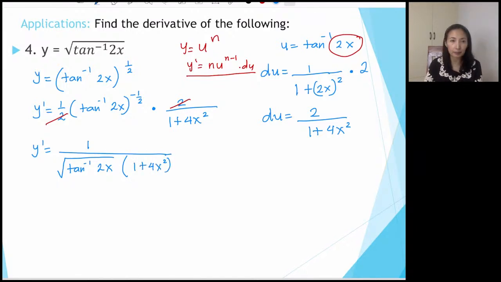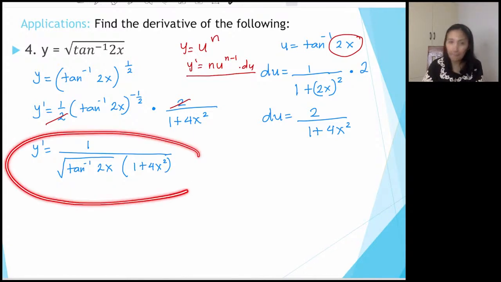Okay, that's it. So y prime is equal to 1 over the square root of arctangent 2x times 1 plus 4x squared. So this is our final answer.